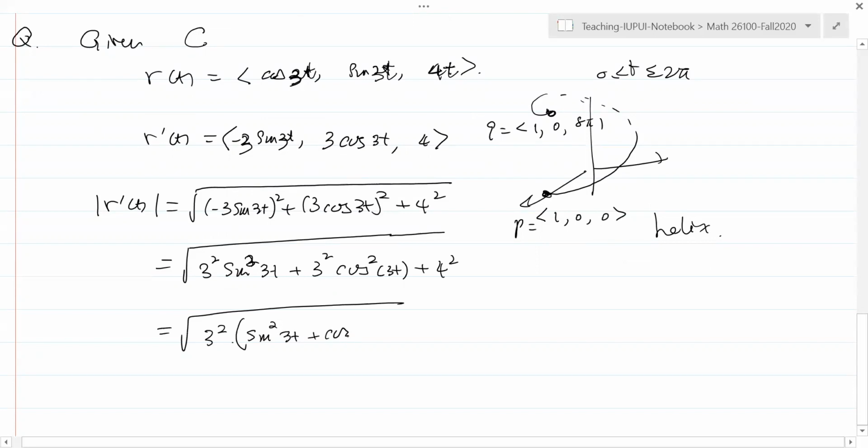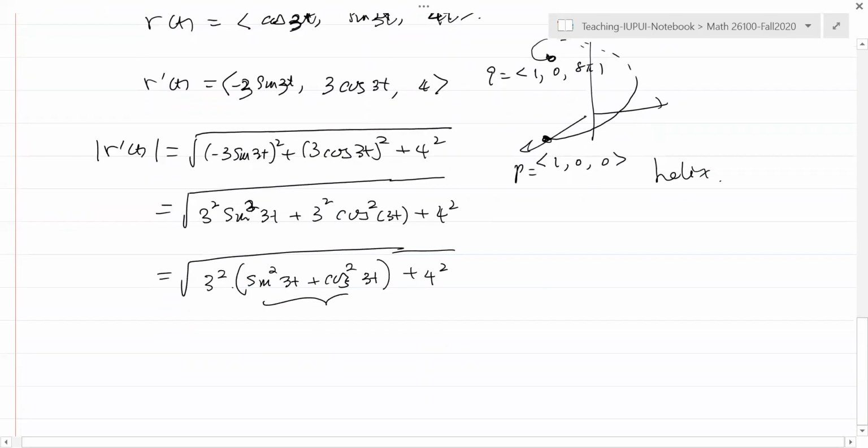And this part is going to be 1. It doesn't matter what is 3t or 4t, 5t there. It's independent of the angle. So that's why I get 3 squared plus 4 squared, and this is 5 squared, 25. So that's why it's just 5. So it's constant.